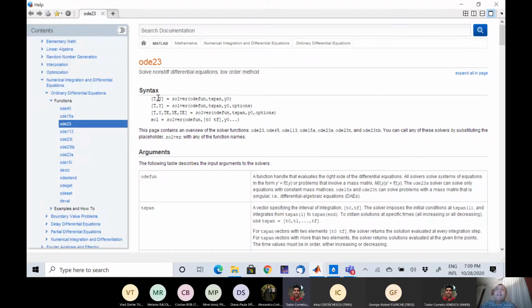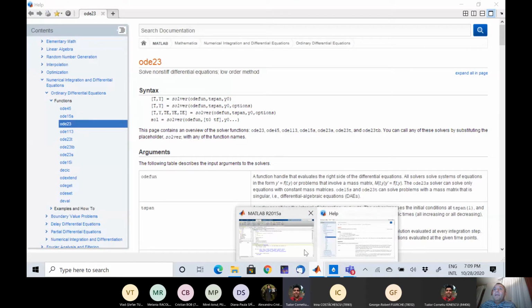So the routine yields a set of time moments and a set of values of the solution, which is of course an approximation of the real solution, calculated at those time moments.